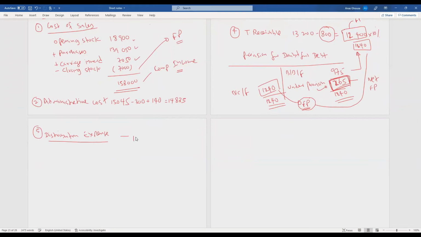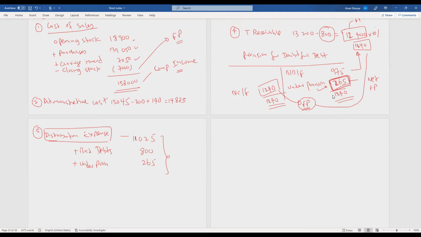To this 11,025,000, you need to add the bad debts of 800 and add under provision of 265. Let's see whether there are any other adjustments to be made to the distribution expenses. Once it is added, we'll take the total amount to the income statement.